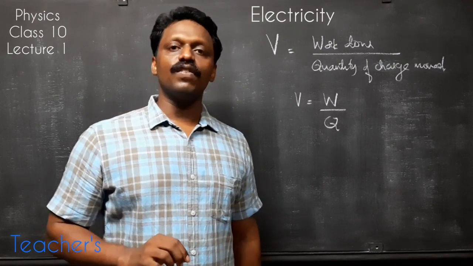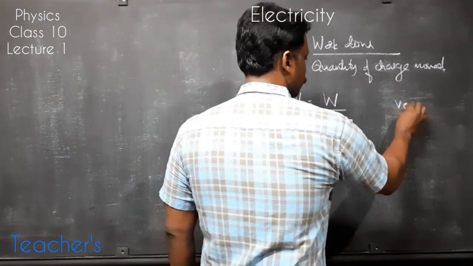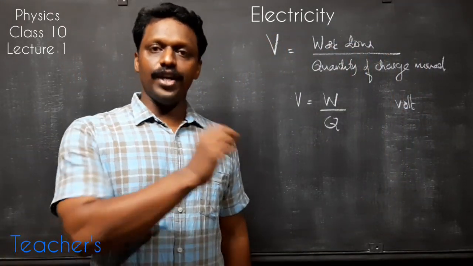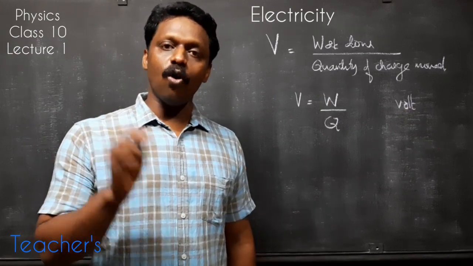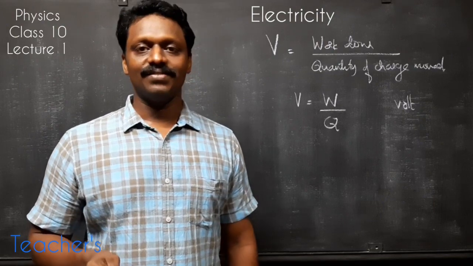The SI unit of potential difference is volt, which is denoted by the letter V. The potential difference is also sometimes written in symbols as PD.